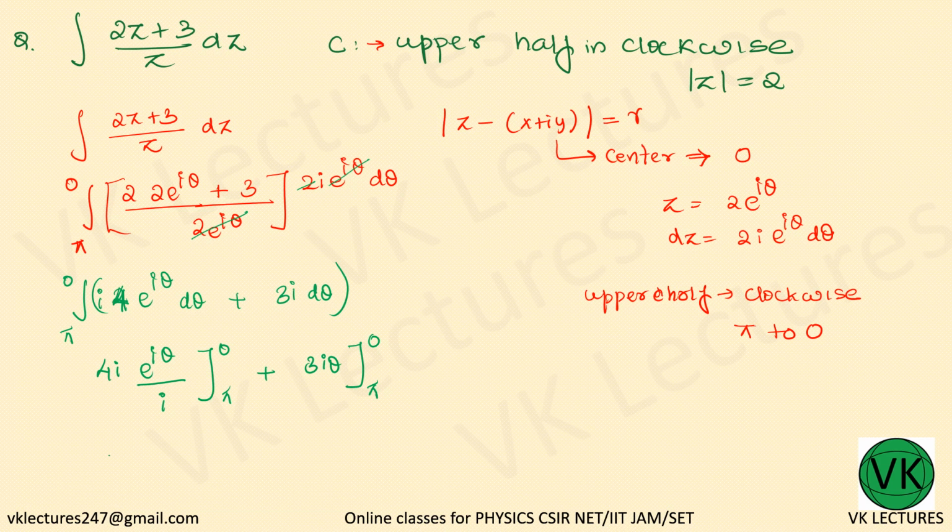Now i gets cancelled. 4 times e to the power i theta, putting the upper limit first, e to the power 0, that is 1, e to the power i pi, that is minus 1, so 1 minus 1 plus 3i, 0 minus pi. So 4 times 2, that is 8, minus pi into 3i, that is minus 3i pi.